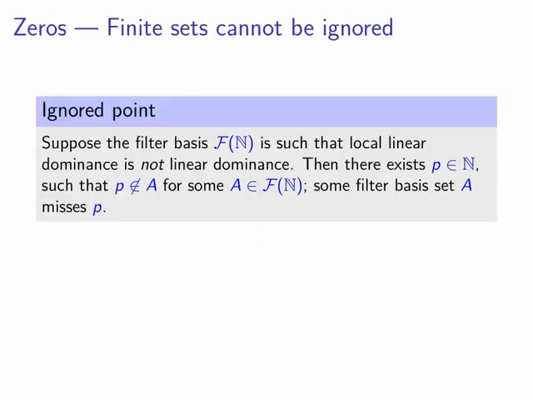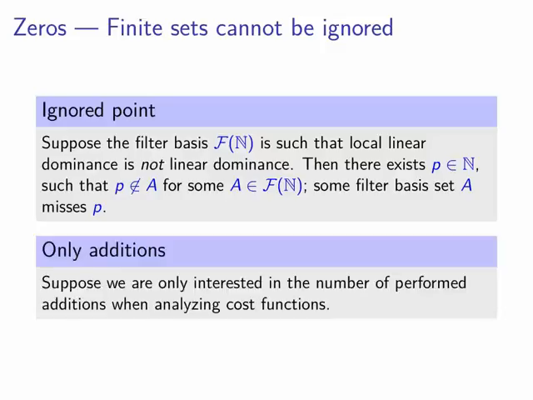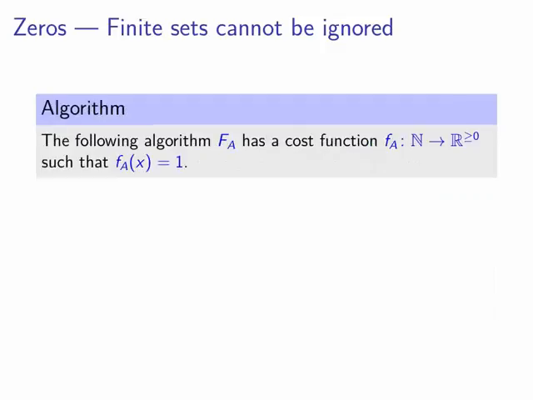Suppose the local linear dominance is not linear dominance. Then there exists a point which some filter basis set misses. And suppose we are only interested in the number of performed additions when analyzing cost functions. Then the following algorithm has a cost function which is the constant 1.